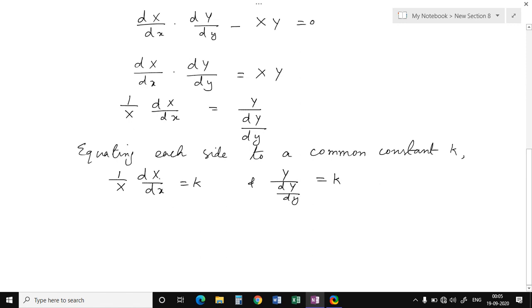These two are first order ordinary differential equations, so we can separate variables in these two equations.